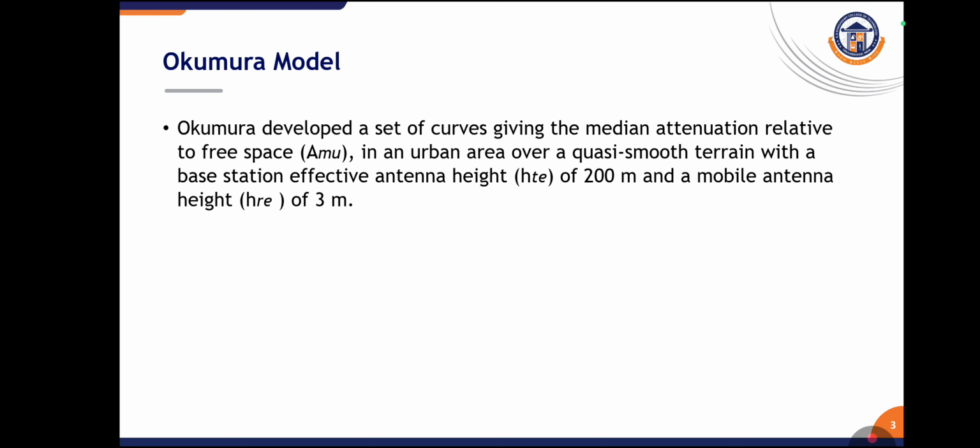Next, Okumura developed a set of curves giving the median attenuation relative to free space, that is AMU, in an urban area over a quasi smooth terrain with a base station effective antenna height, that is HTE, of 200 meter, and a mobile antenna height, that is HRE, of 3 meter.